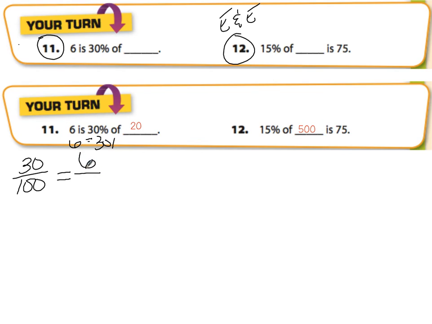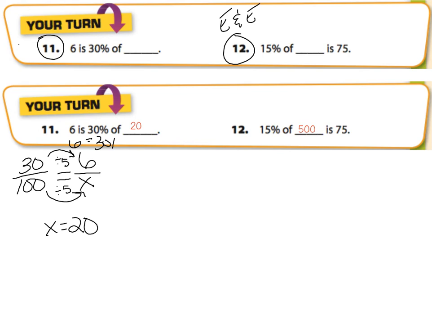So 6 has to go on top. X goes on bottom. To go from 30 to 6, I divide by 5. So to go from 100 to X, I have to divide by 5, and I get that X is equal to 20. Since the X we're looking for is not a percent, we don't have to move our decimal.